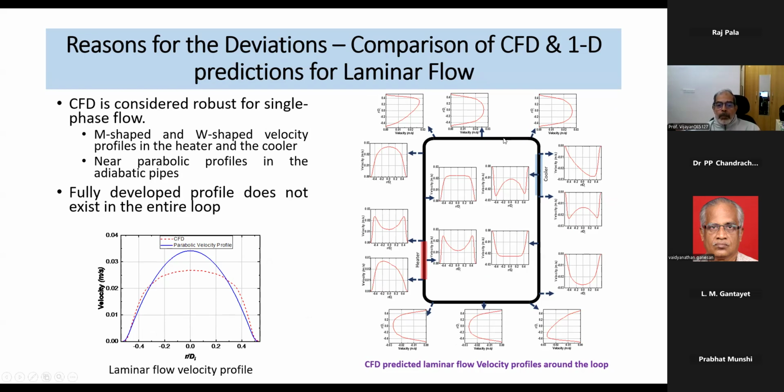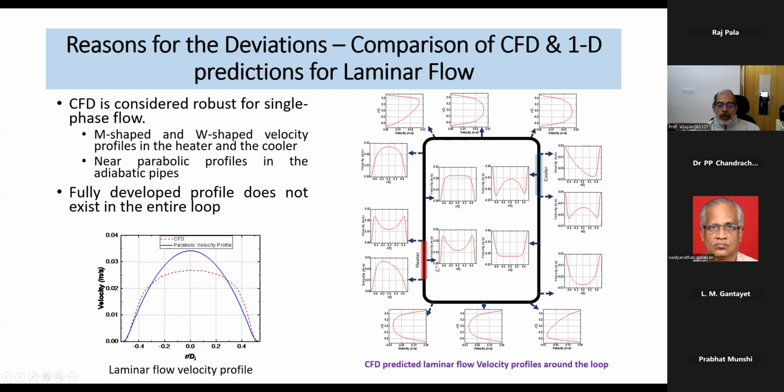But if you take a simple rectangular loop with a heater here and a cooler here, at the inlet of the heater the flow is not fully developed. And if you look at the Reynolds number, throughout the loop it is laminar, right?